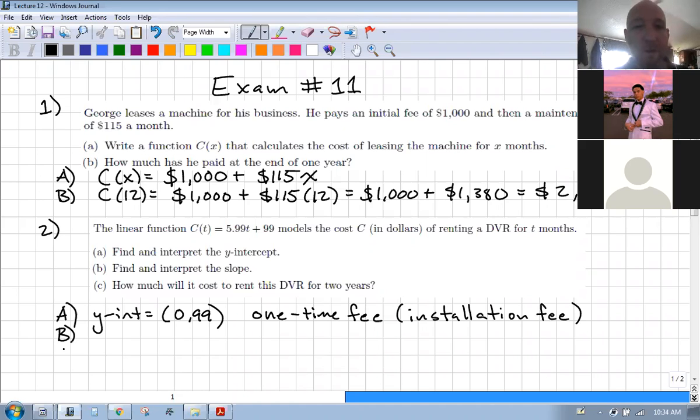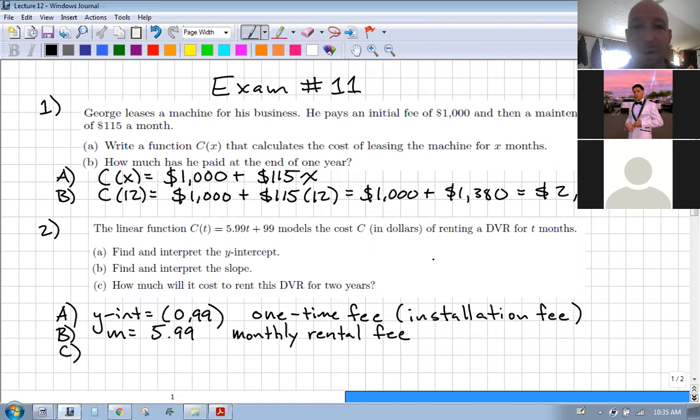All right. Find and interpret the slope. Your slope here is the number that's being multiplied by your variable. So it's 5.99. That's the cost for renting a DVR for T months. That's your monthly rental cost. All right, you're paying $5.99 a month to rent the DVR. And how much will it cost to rent this DVR for 2 years?